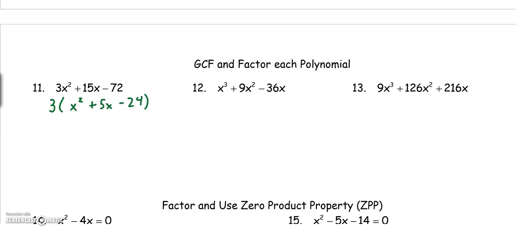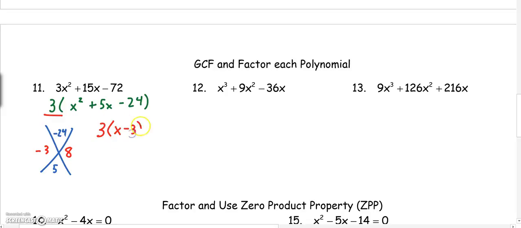So now I can do a box problem. What multiplies to negative 24 and adds to 5? So I'm thinking of a negative and a positive number. So I have negative 3 and positive 8. So this 3 for the GCF still stays out front. And then I have x minus 3, x plus 8.